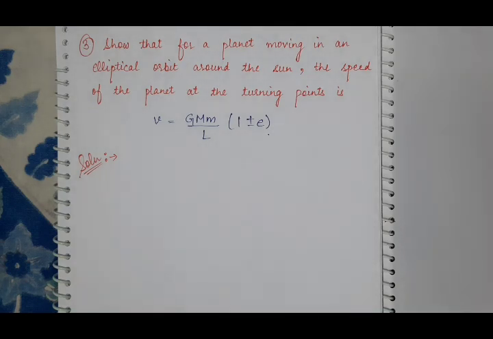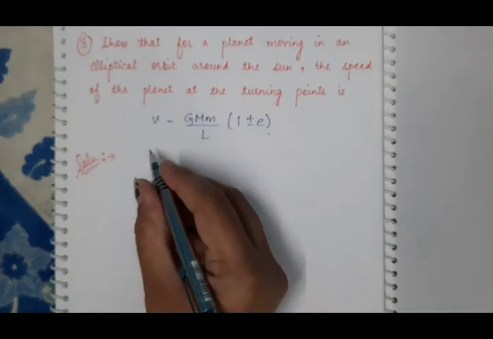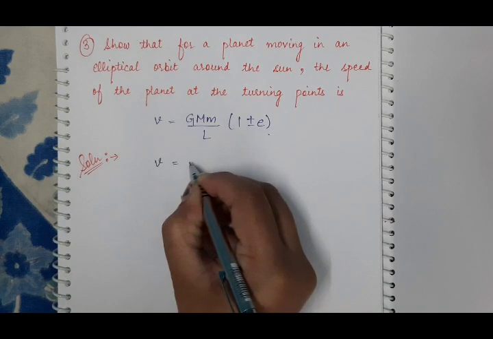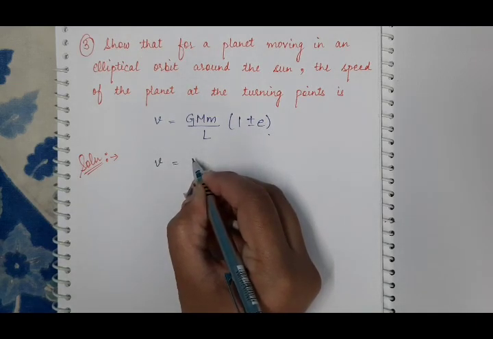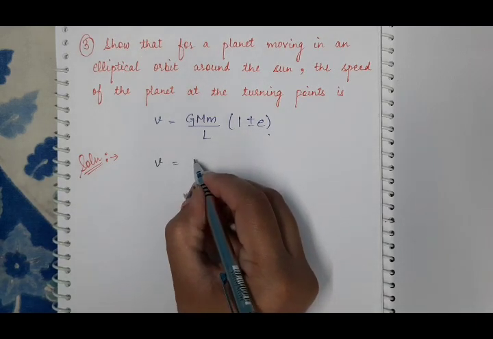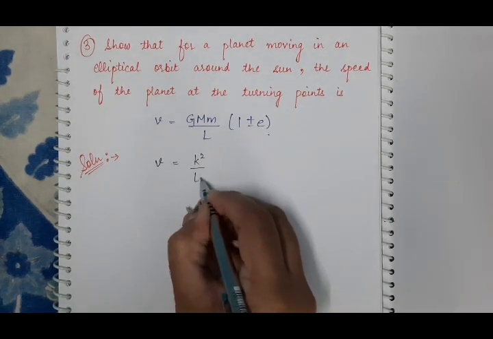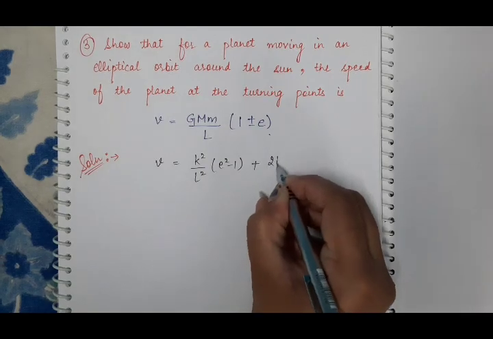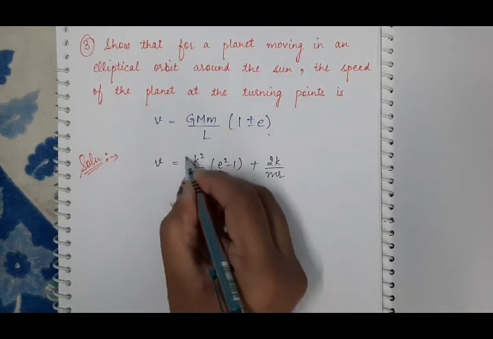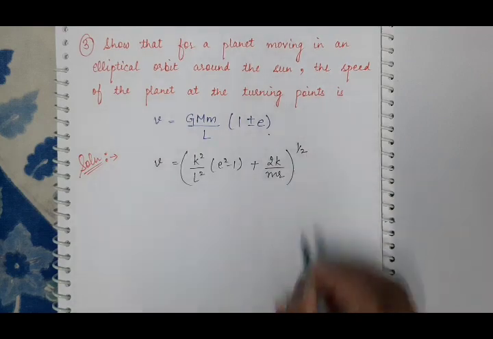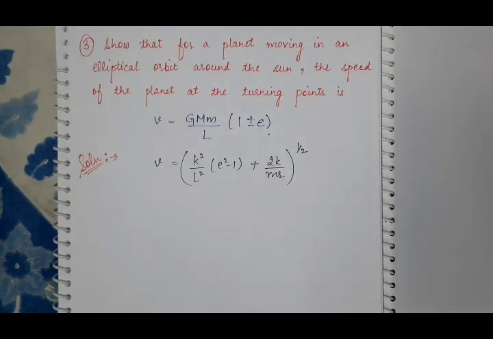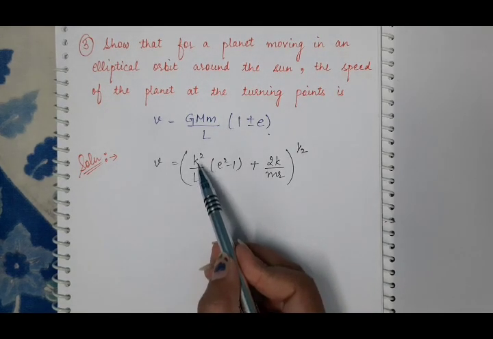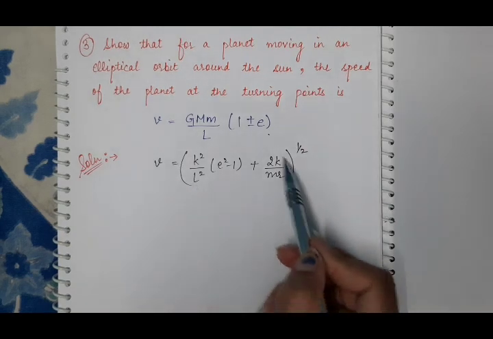We have just proved in the previous numerical that velocity was equal to the square root of k square by L square into E square minus 1 plus 2k by mr. First of all, in this numerical, you have to derive this expression, which we derived in the previous numerical. Then take this k square by L square common from this whole term.